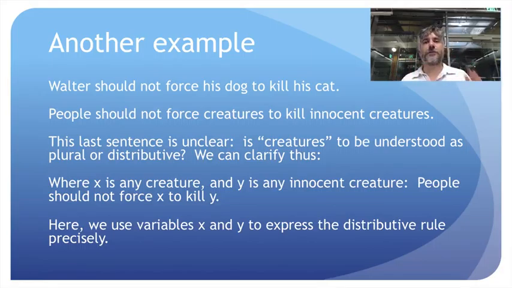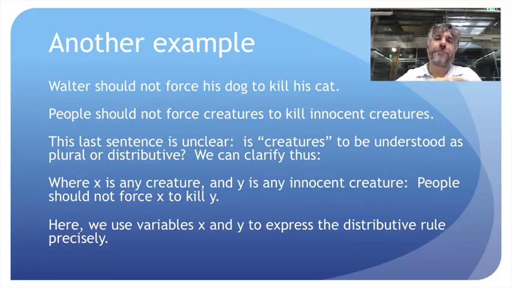Right? So on the first interpretation of the statement, I'm talking about groups of creatures. And on the second interpretation, I'm talking about each one of a whole bunch of particular creatures. I'm making a statement about each one of those particular creatures, whereas on the first interpretation, I'm making a statement about the group of creatures.